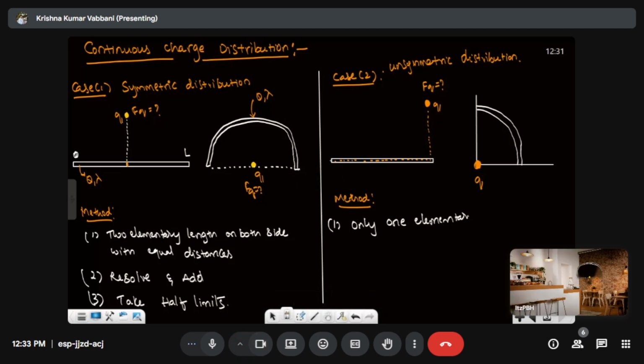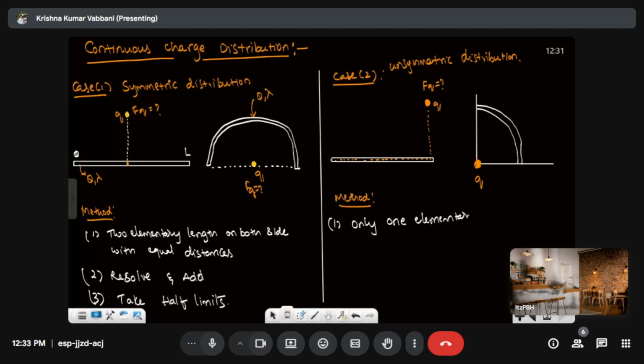We already know, I already told, we have to take two elementary charges from the center. If this is the center of the charge, take it as z. Just take two elementary lengths like this. What is this length?